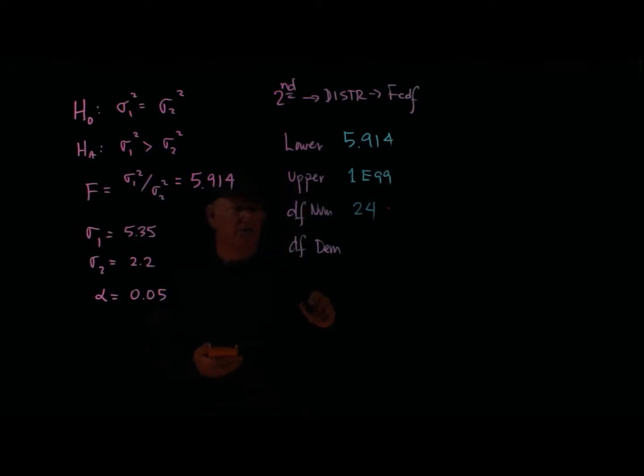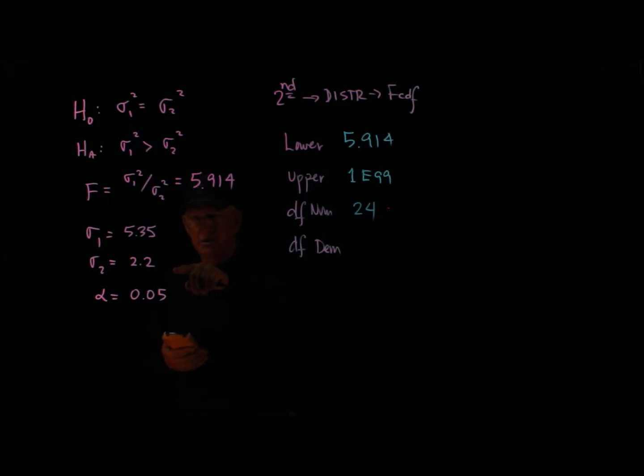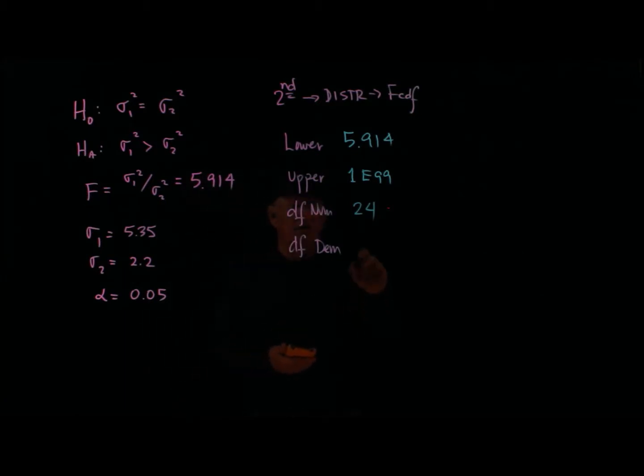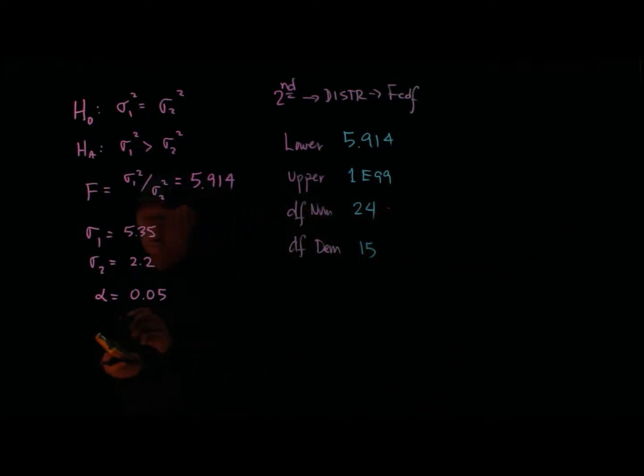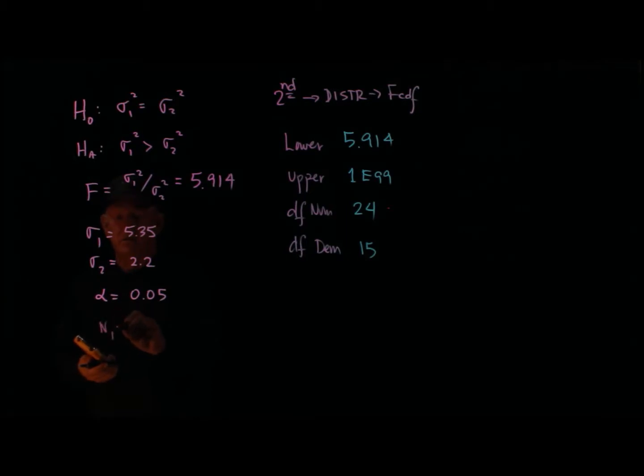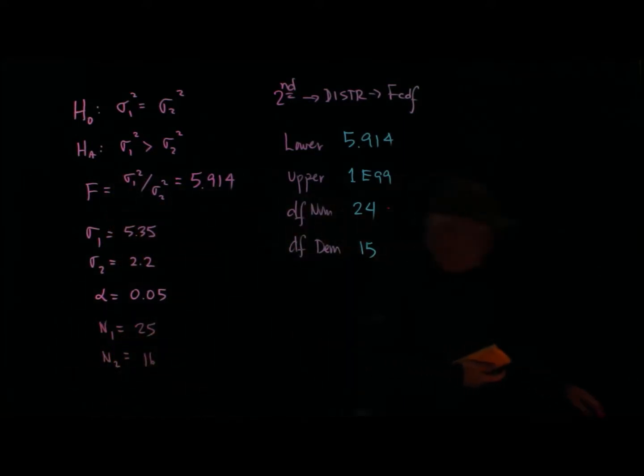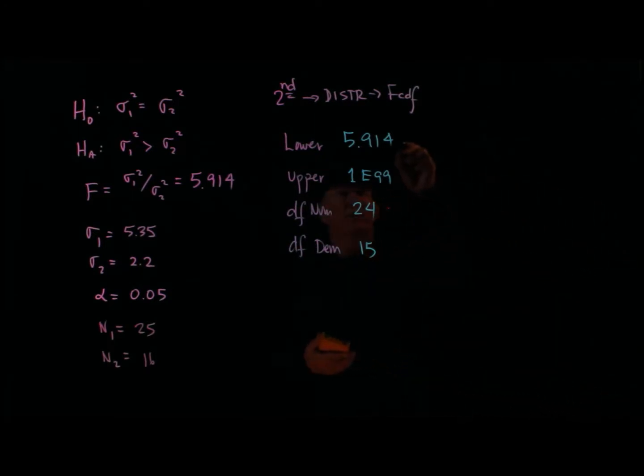And the degrees of freedom for the denominator is the n number associated with the denominator, which was 16, minus 1, and that's 15. You get that over here. N1 was equal to 25, and N2 was equal to 16. All right, so I'm ready to push the button here and get out a p-value.